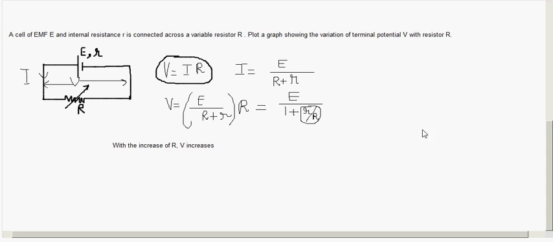So let us plot the graph now. V versus R graph. As R increases, this term reduces, and hence V increases.